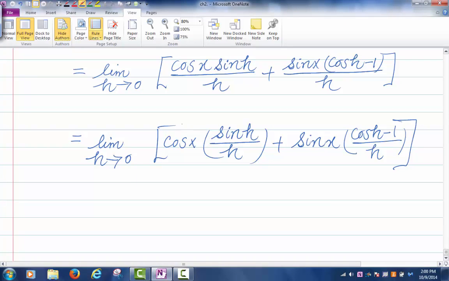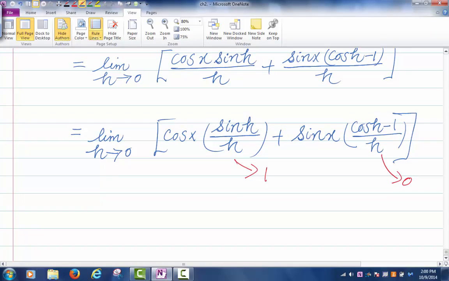Okay, now notice that cosine x does not depend on h, right? X doesn't depend on h. So what's the limit of cosine of x as h goes to 0? Well, it is cosine of x. What's the limit of sine x as h goes to 0? It's sine x. But what's the limit of this guy? 1. What's the limit of this guy? 0. So what do I have then?